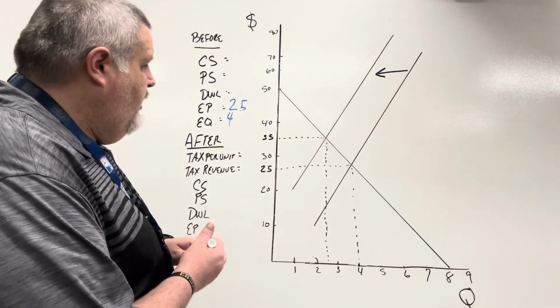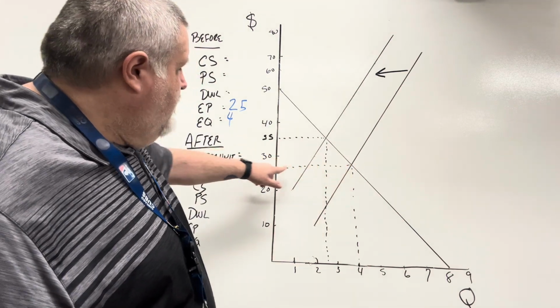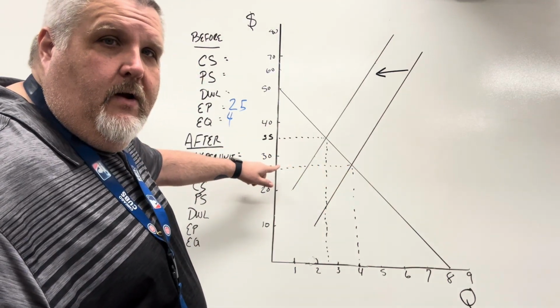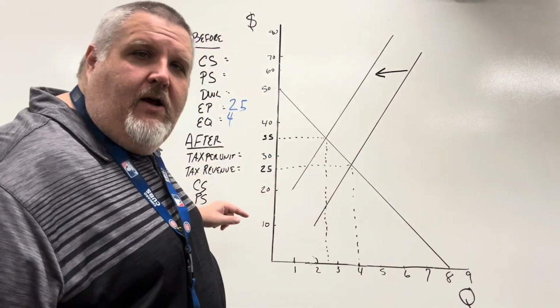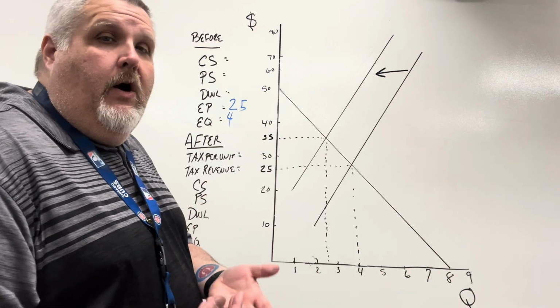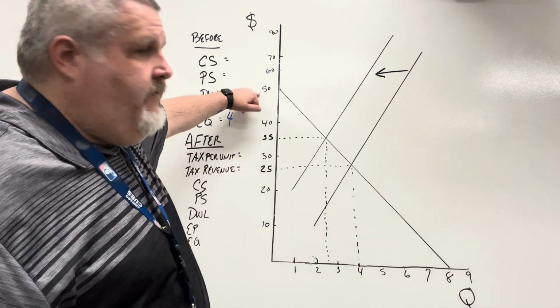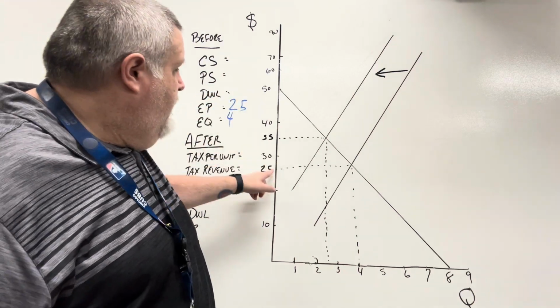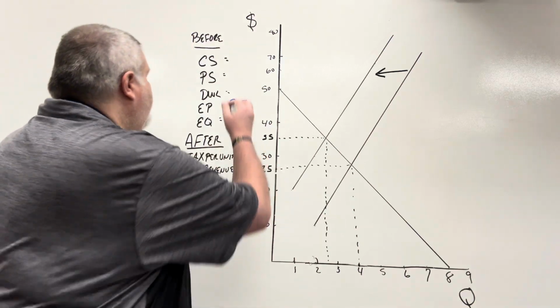So we go from our equilibrium point, come across to our y-axis, come up to our demand curve. The area of that whole triangle is going to tell us our consumer surplus. So we see 25 to 50 is 25 times 4 is 100 divided by 2 is 50.